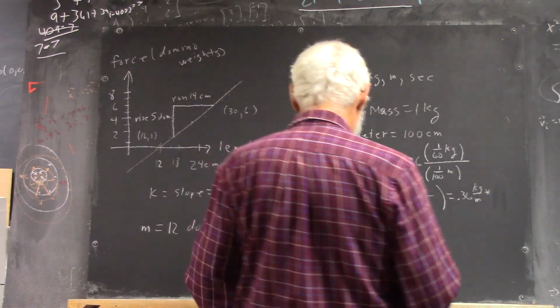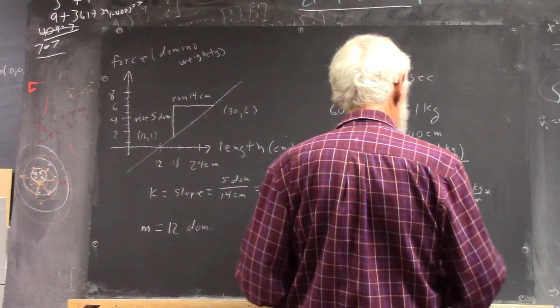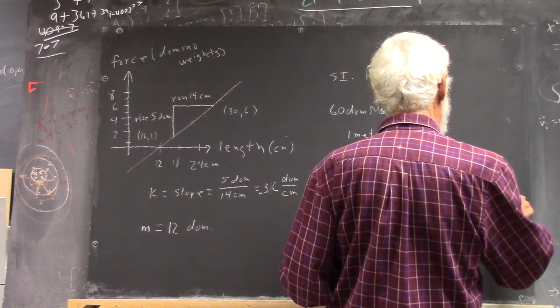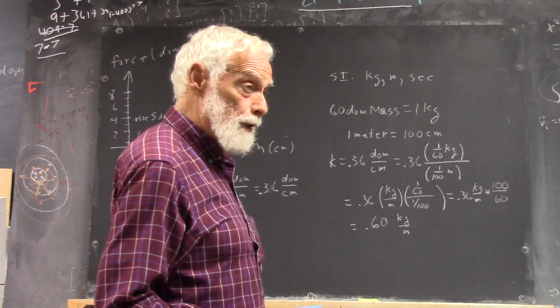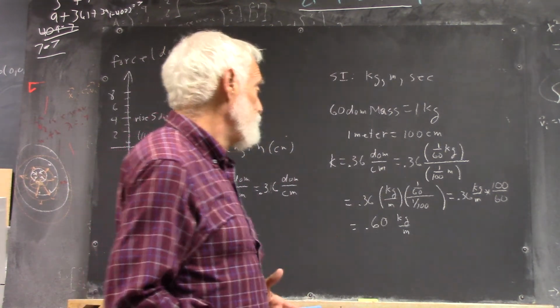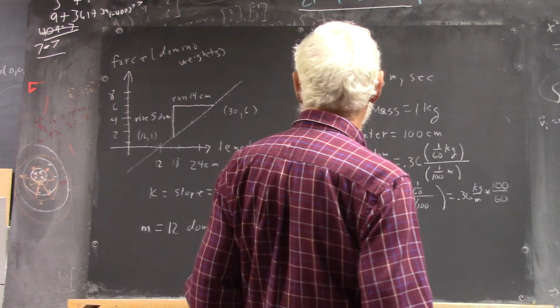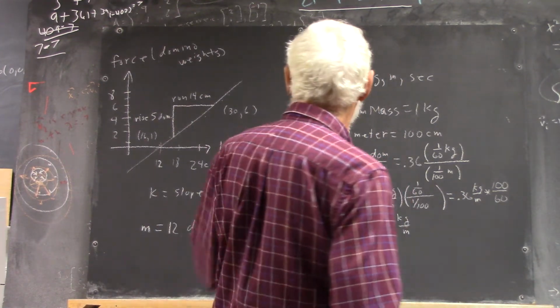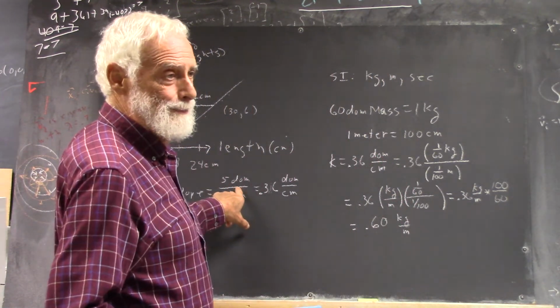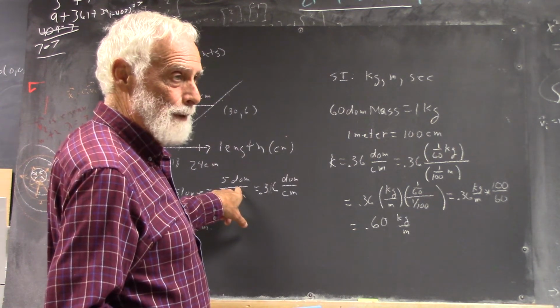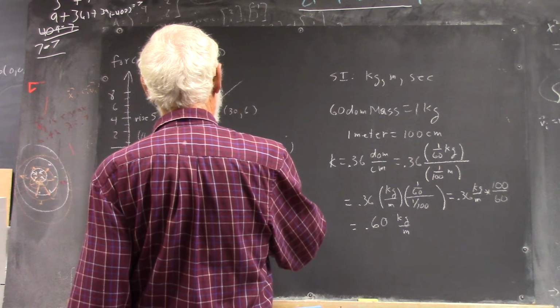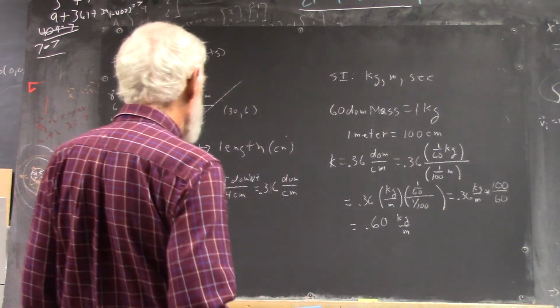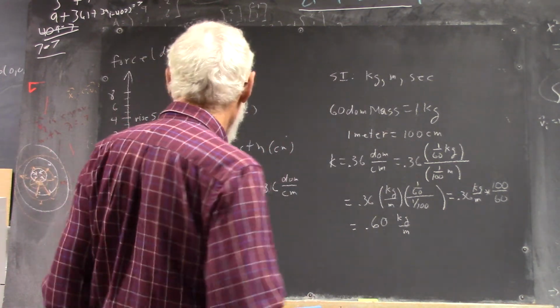So that's times 100 over 60. Now, the thing I did wrong here is, yeah, that's domino mass, but this is domino weight. Okay? So I should have been more specific when I wrote this.